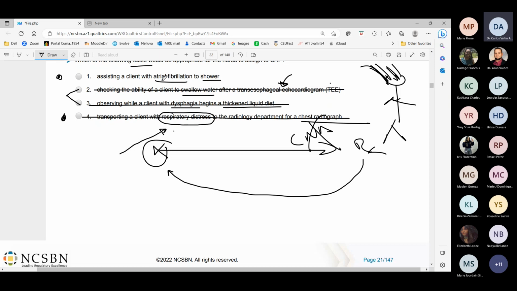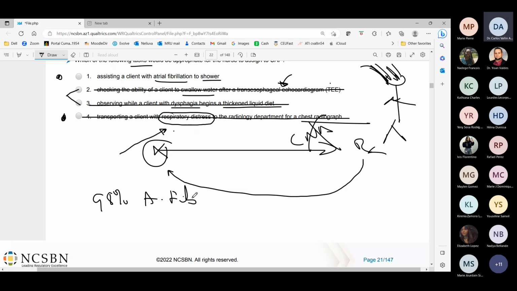Do you agree that a client with atrial fibrillation can shower? Yes or no? Yes. The majority of patients with atrial fibrillation are driving, can be teaching, can be living at an acceptable level of life. Ninety-eight percent of AFib is chronic.